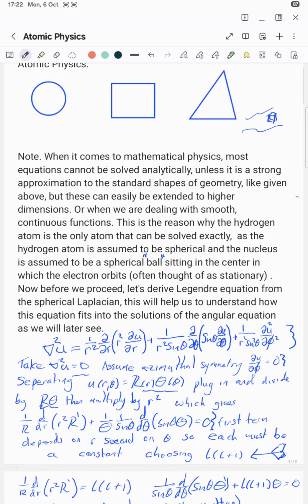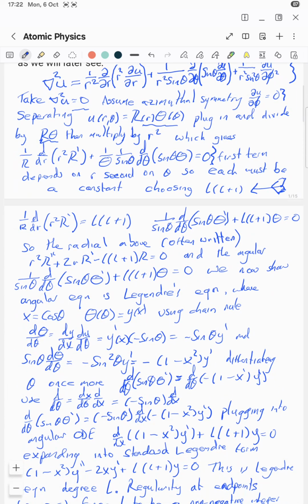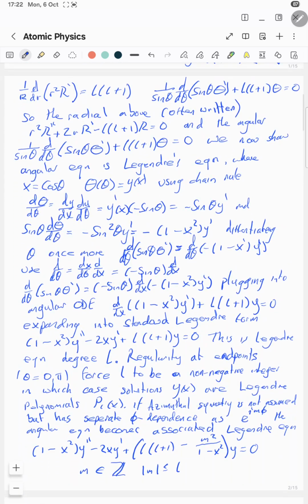But anyway, moving on. For the radial part here, we obtain the L(L+1) solution to this radial component, and this is the theta component here with the L(L+1) equals 0. So the radial equation above is often written in this form.